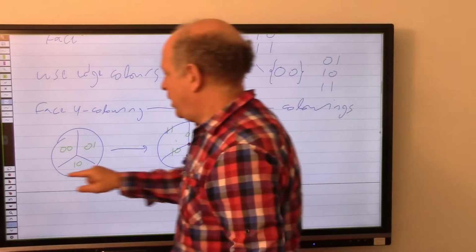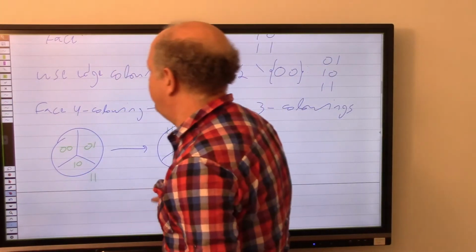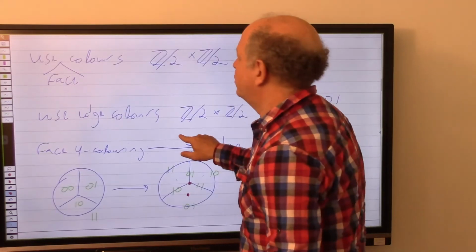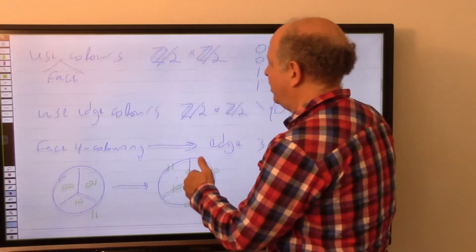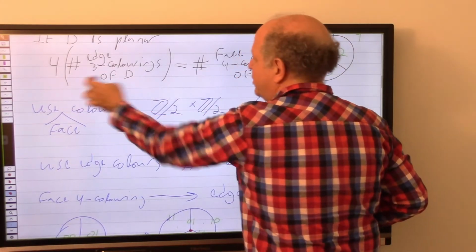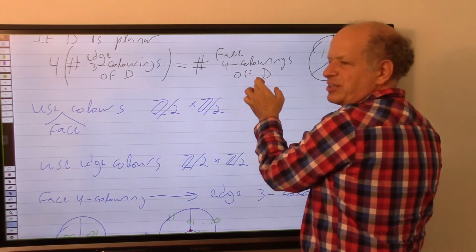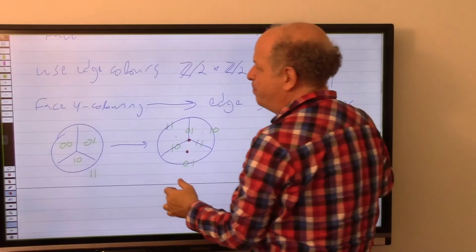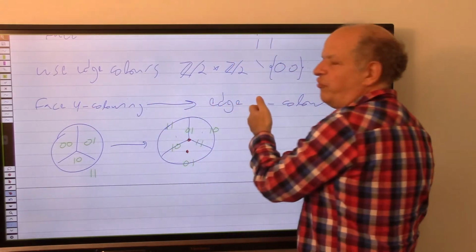Now I want to construct an inverse map. Well, it shouldn't be quite an inverse map, because I said that 4 times the number of edge colorings is the number of face colorings. So in fact, the map here is 4 to 1.